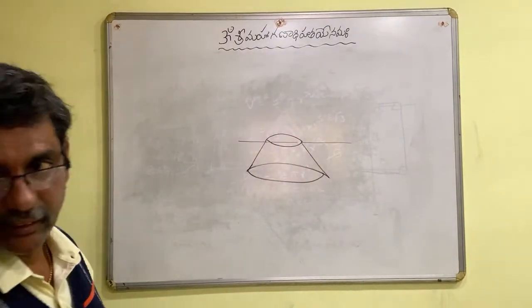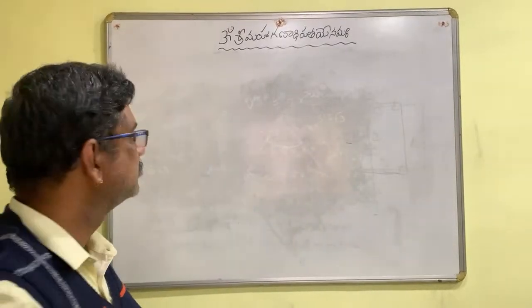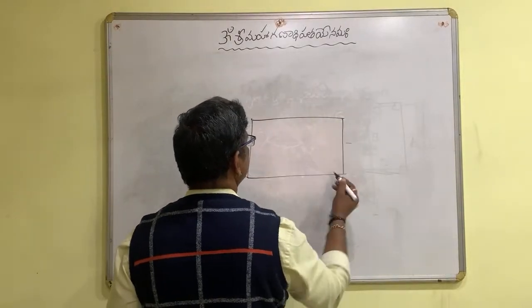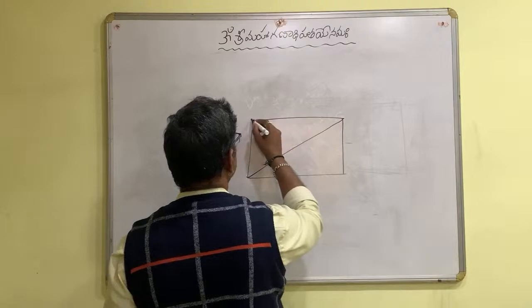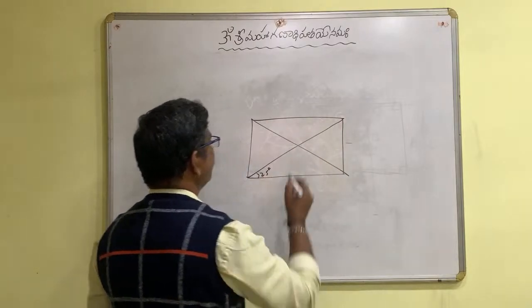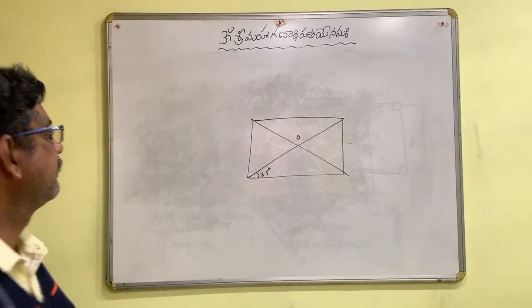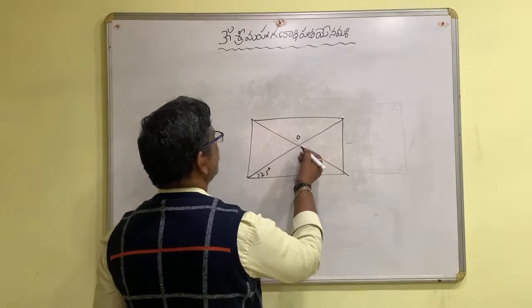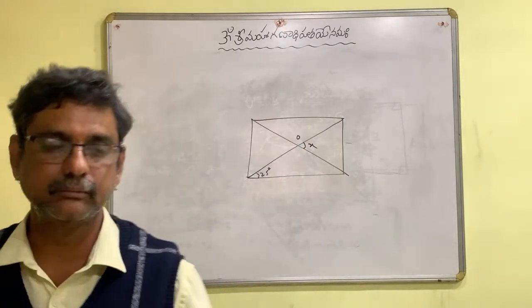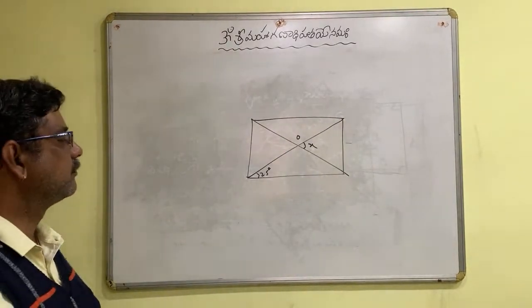Diagonal of a rectangle. There is a rectangle. This is 25 degrees. He is asking one of the acute angles, maybe this one, x. What is the x value?